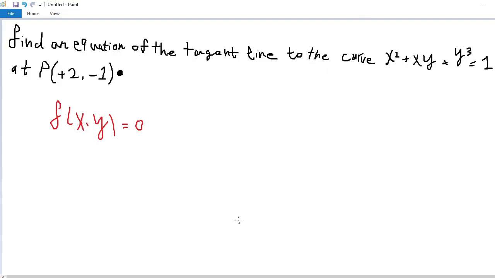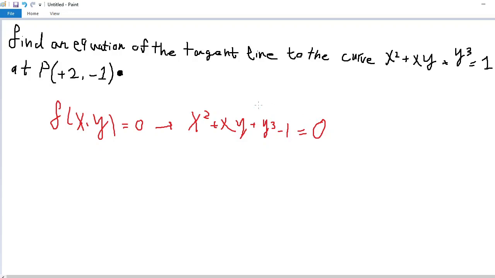So move this 1 to the left. We can write it as x squared plus x times y, plus y to the third, negative 1, is equal to 0. Now this equation is ready for implicit differentiation.